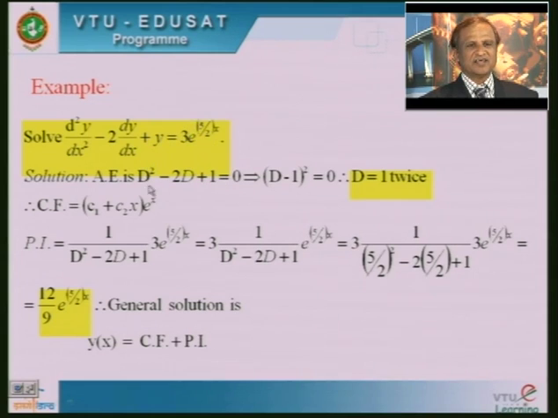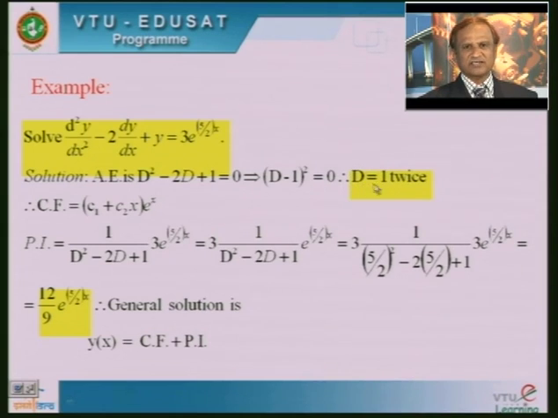And if you replace D by m, you will get m square minus 2m plus 1 is equal to 0, or m minus 1 whole square is equal to 0. So m is equal to 1. So we find the roots from the auxiliary equation.